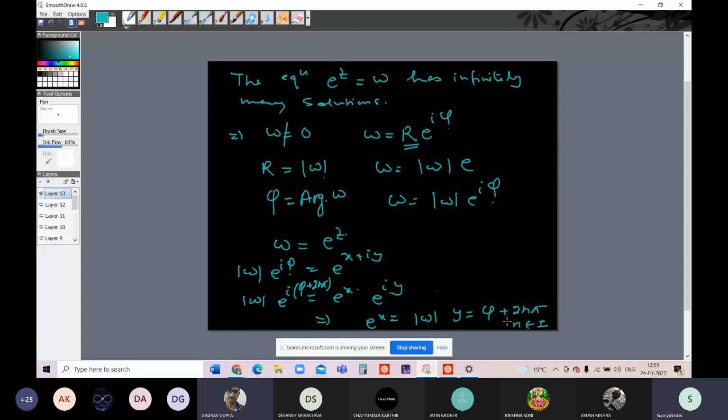So here we get exponential x is equal to mod of w, which can also be written as x is equal to log of mod of w, and y is 2n pi plus phi, where phi is the argument of this w and n belongs to the set of integers. So z is x plus iy.